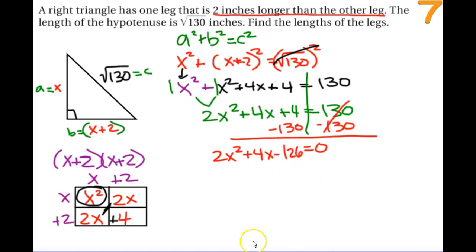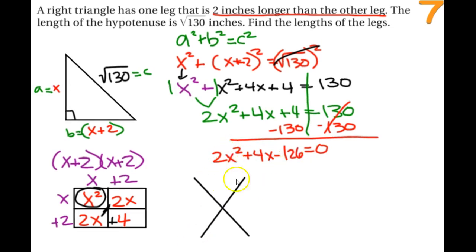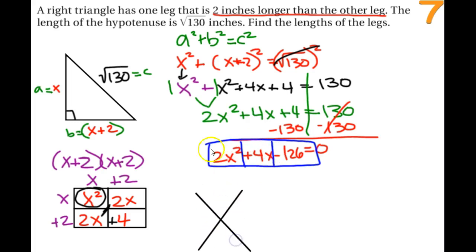And now we need to do our diamond in our box because we have 3 terms. So for our diamond, multiply your first and your last term. We have 126 times 2. Well, actually, you guys, before we do that, if these have anything in common, we can factor it out. All of these are multiples of 2, so it's going to make our life a lot easier if we factor out a 2.